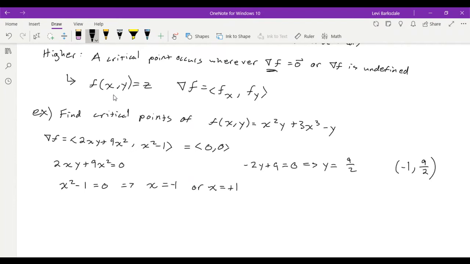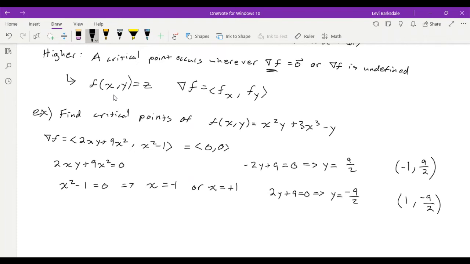For my second critical point, I plug x is equal to +1 into this equation, 2xy plus 9x squared equals 0. And I get that +2y plus 9 is equal to 0. So y is equal to -9/2. We get our second critical point of +1, -9/2.